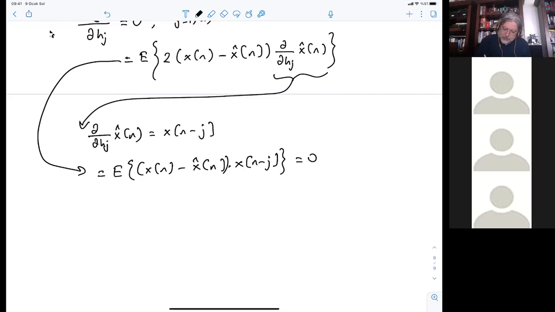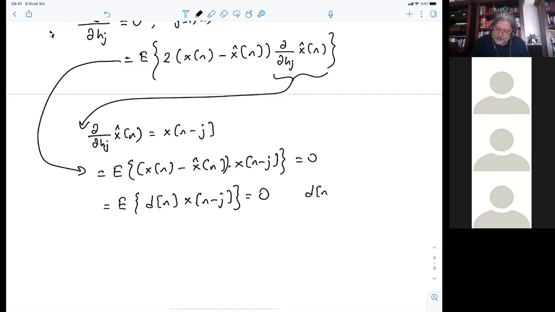There is an alternative way of writing this, which is even shorter. The first part, xn minus x hat of n, is, as we know, the error, d, times xn minus j is equal to 0. But when we write it like this, there is a way to translate this thing. It's an important result. It is telling me that the prediction error, d, is orthogonal to the past samples.